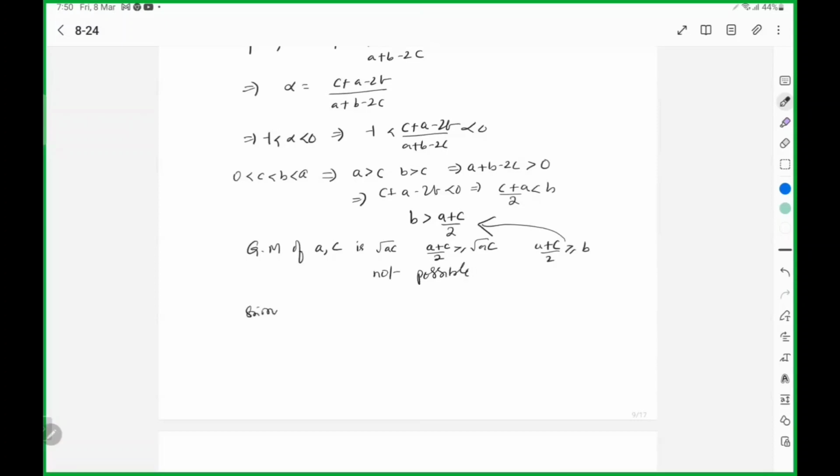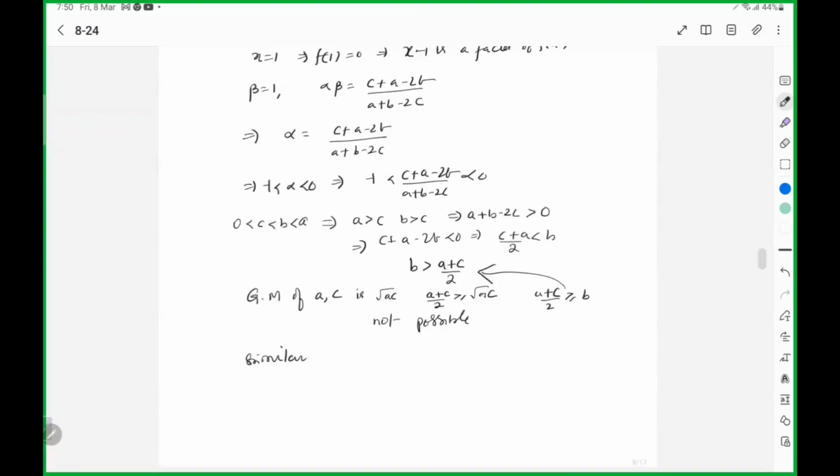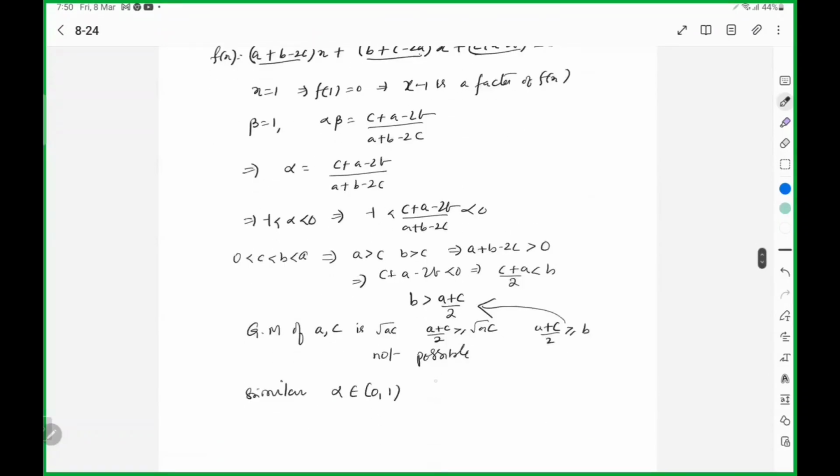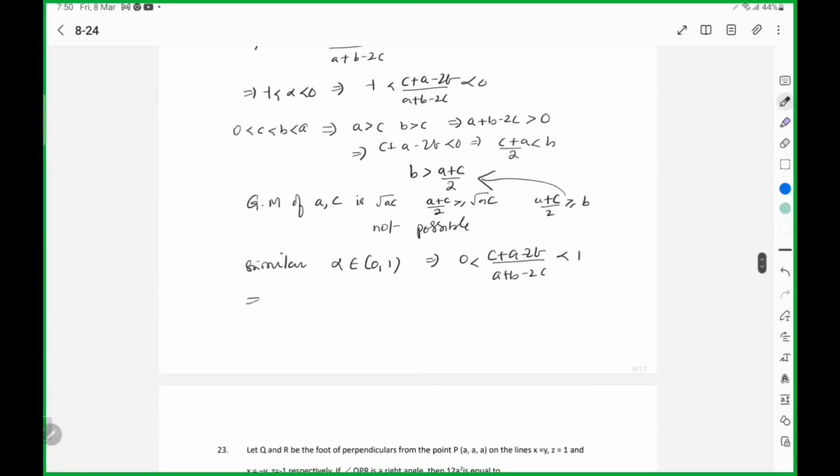Similarly, if alpha lies between 0 and 1, C plus A minus 2B by A plus B minus 2C, C plus A minus 2B is greater than 0, which is C plus A by 2 is greater than B. B is less than A plus C by 2.